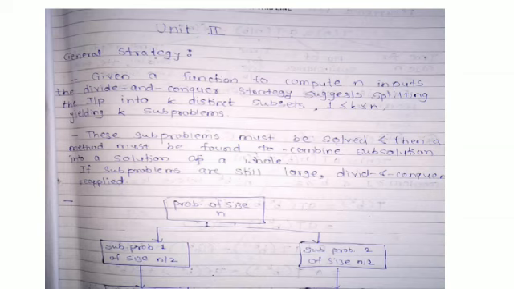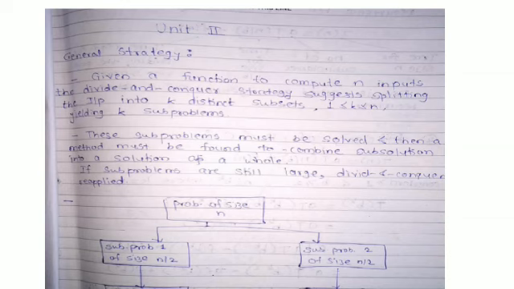So if we are given a function to compute n inputs, the divide and conquer strategy suggests splitting the input into k distinct subsets such that k is greater than or equal to 1 and k is less than or equal to n.